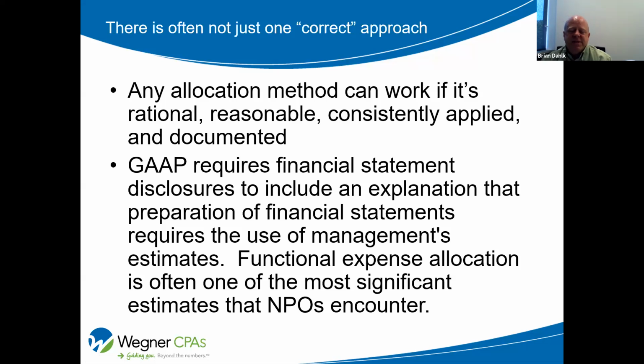For most nonprofits, the functional expense allocation is a very significant estimate. So GAAP recognizes that cost allocation does involve estimates, and that there's not necessarily one and only one way to adequately do cost allocation for a given nonprofit.